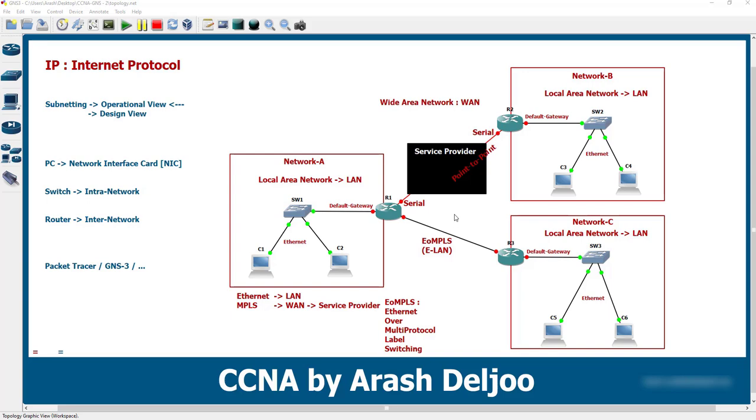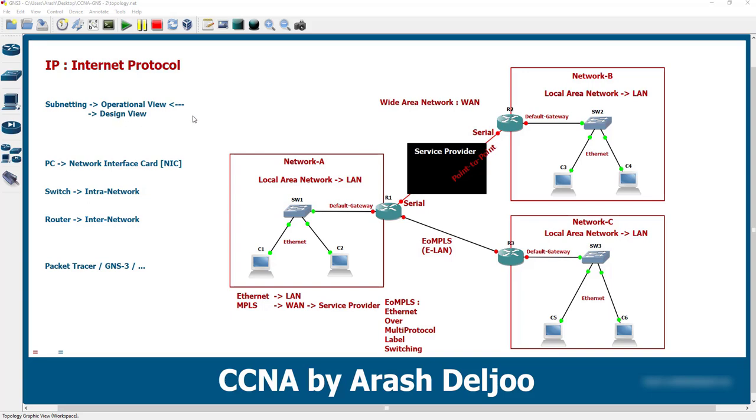Now let me talk about IP addressing and subnetting from an operational view. The question is, if this is your company, how can you assign or design addresses for this network from an operational view? Here, we don't want to only assign or design IP addressing.